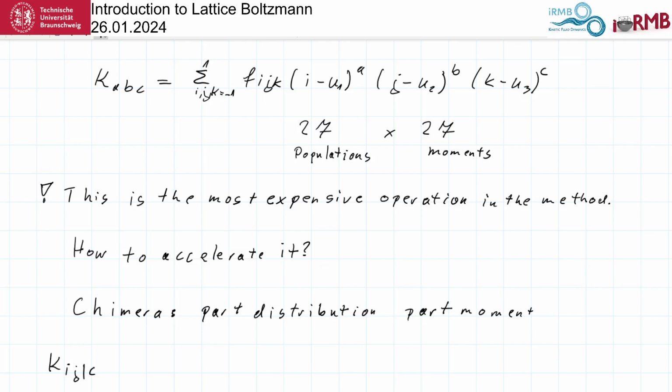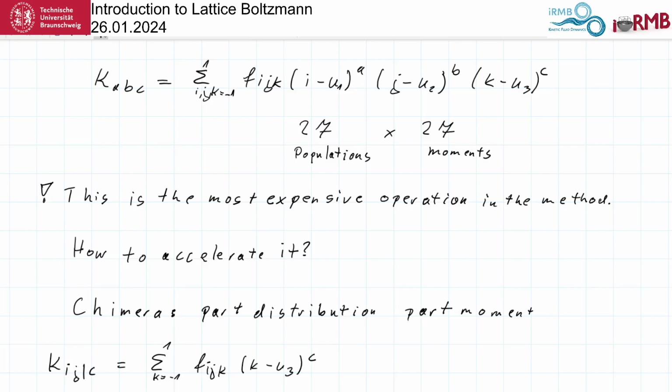Yeah? This is not important. This is my own nomenclature because I didn't come up with anything better. So there's a line separating this, and the c is the index of the moment. Yeah? So what I'm doing in building this chimera is just summing over k, but just summing over k, f_ijk times (k minus u3) to the power of c.